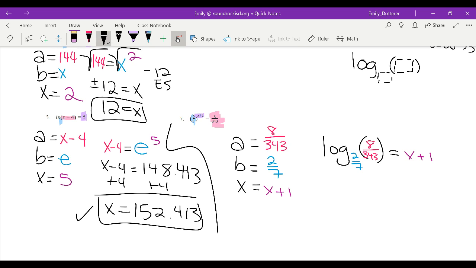In our calculator, to get a fraction, we hit alpha, y equals, and then enter. So alpha window 5 to get the log, alpha y equals enter to get the fraction.